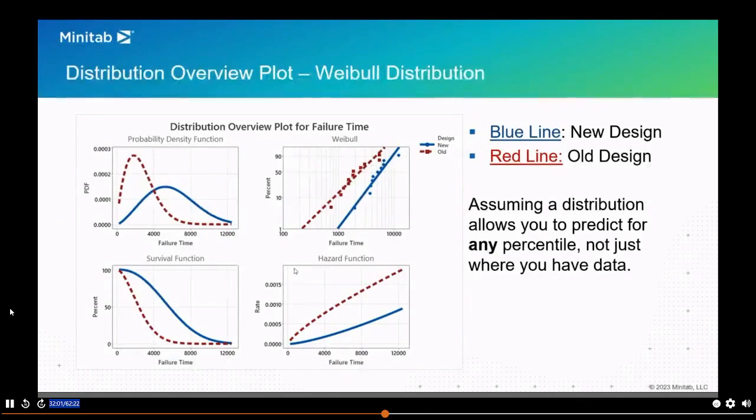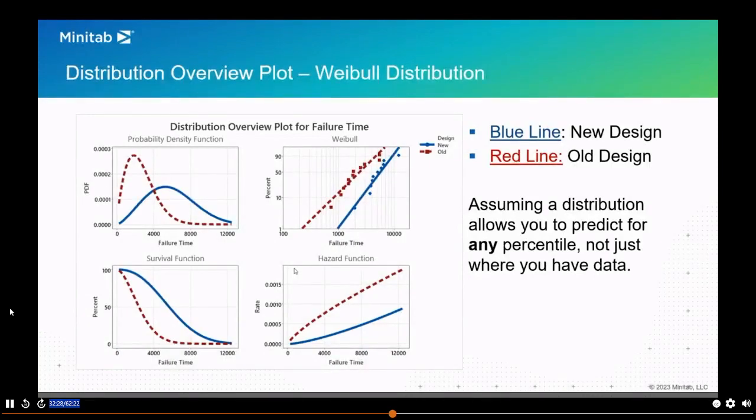The curve on the bottom, we call the survival function. We can also call it the reliability function. This is looking at how the reliability changes over time. So when you think of the probability plot, it's looking at the percent that fail over time. The survival function, or we often, again, call it the reliability function, is the inverse of that. That's looking at how many survive over time. So we're going to look at the glass half full.